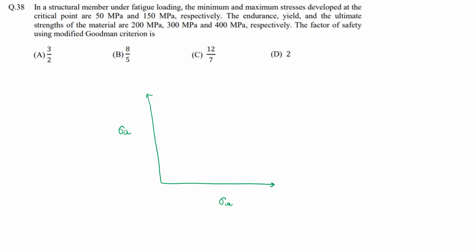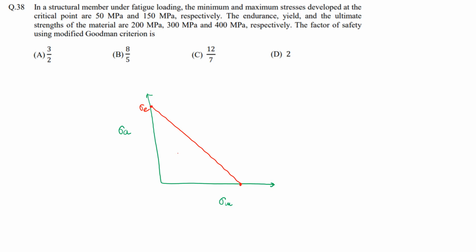So when Goodman gave this theory, he found the maximum limit when your mean stress is 0. For that material, it is the endurance limit up to which the material is safe, right? Now when your material does not have alternating stress, that means there is normal stress.